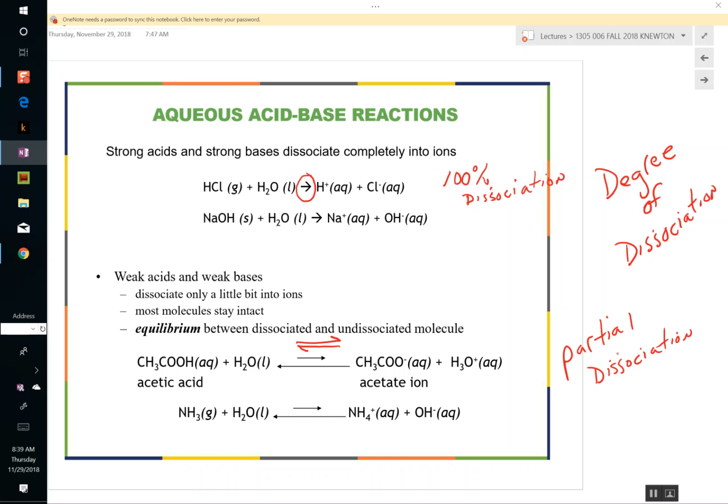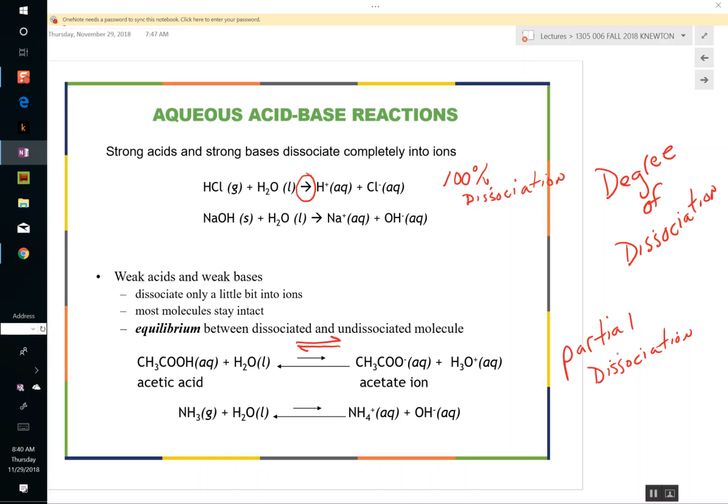So you don't have them bumping into each other and coming back and forming the original molecule, HCl. Same way with sodium hydroxide. You dissolve sodium hydroxide in water, it doesn't just dissolve, it completely dissociates, 100%. So this is a strong acid, this is a strong base.